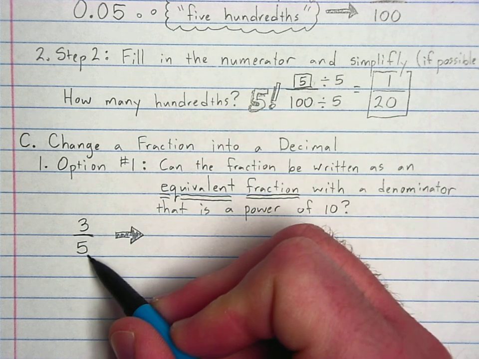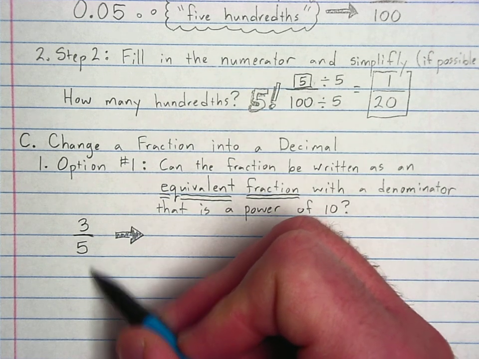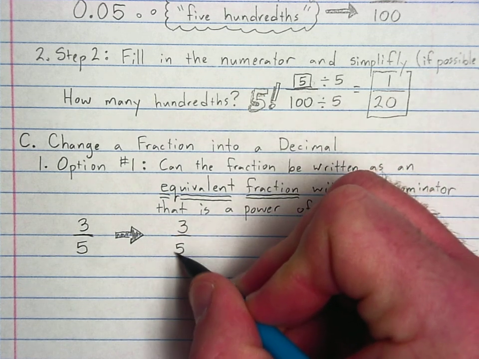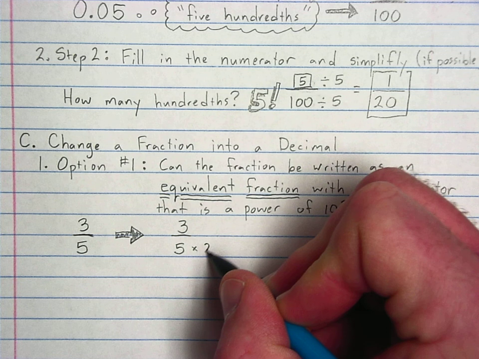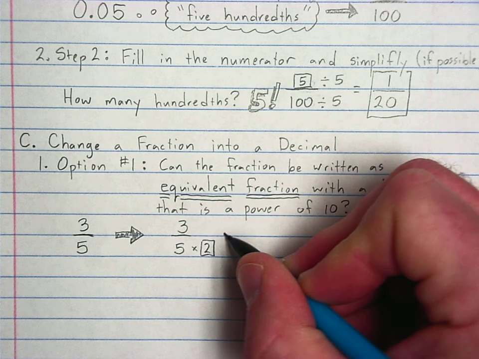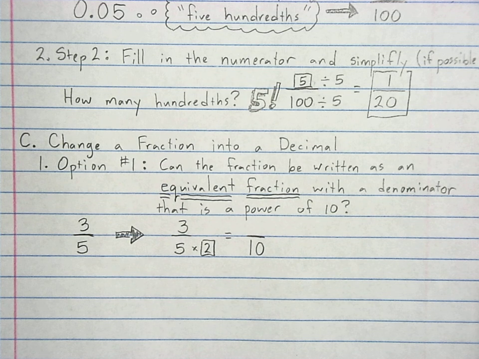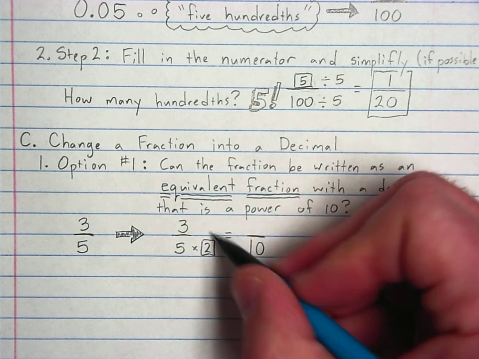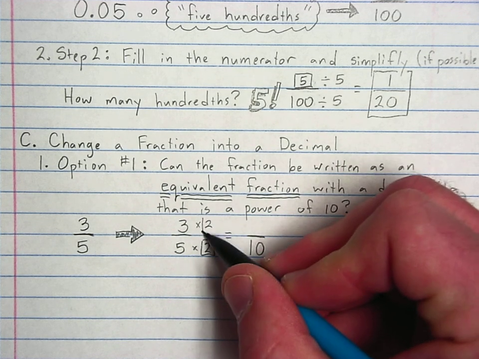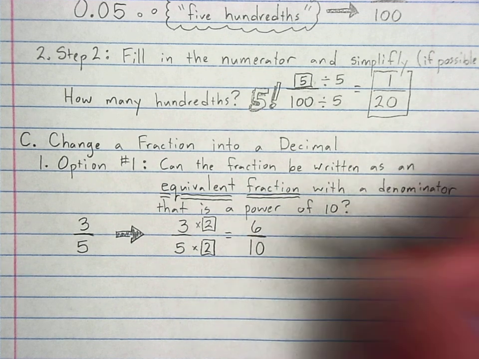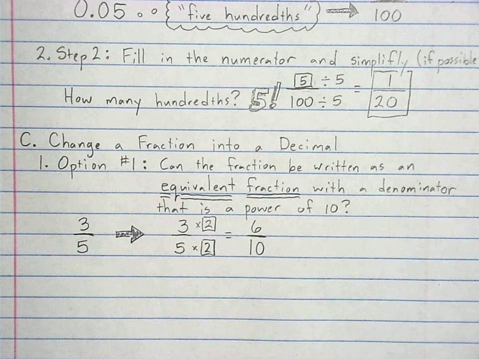If I take 3/5 and multiply the bottom by 2, that will turn it into 10. I always multiply the numerator and the denominator by the same value. So times 2. 3 times 2 is 6. 6 over 10.